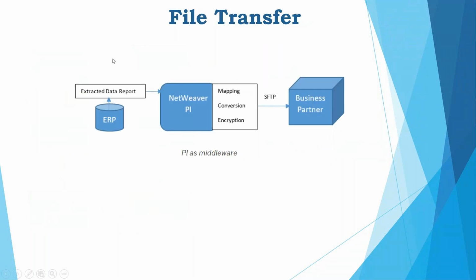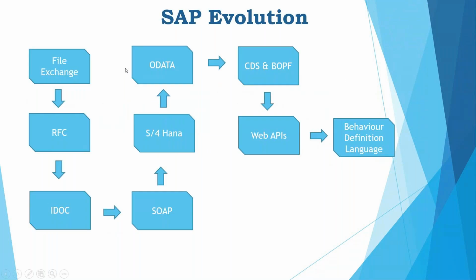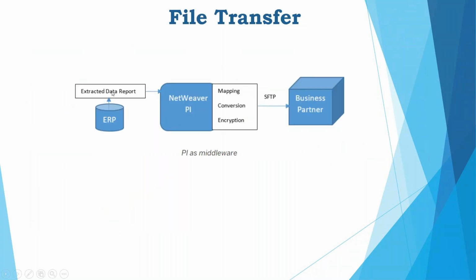Okay. So now the first one is file transfer. I'm not saying the priority. The first one we have taken here is files exchange, it's nothing but file transfer. Even now, in most of the programs, we are sending the data to the third-party system using file transfer. That is called FTP. We extract the data from the SAP system and dump it into some PI, then from there we send it to the third-party system.